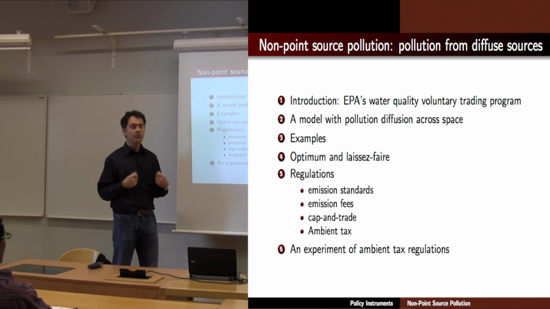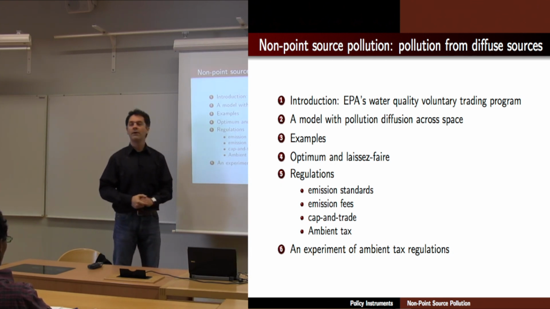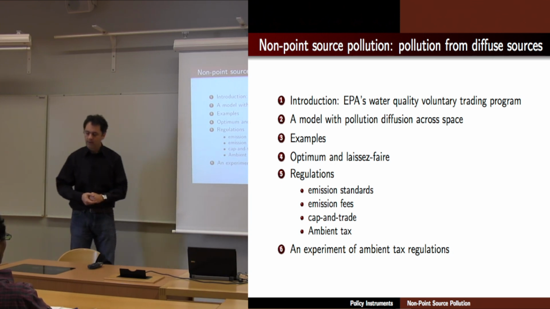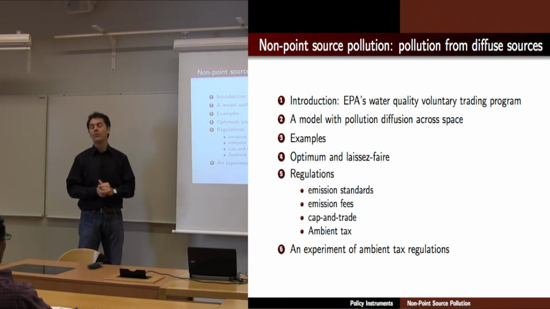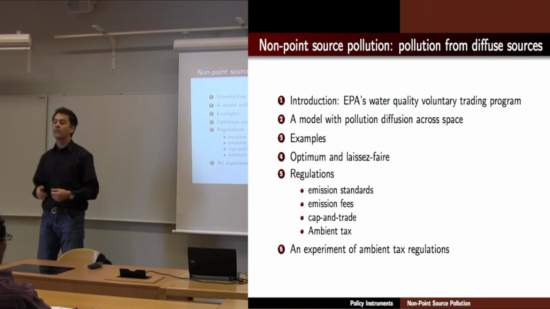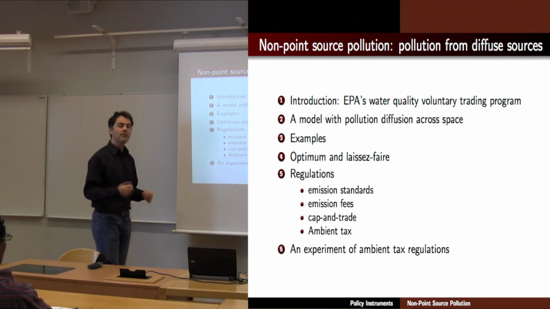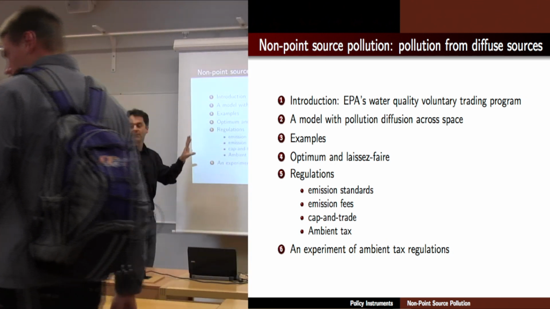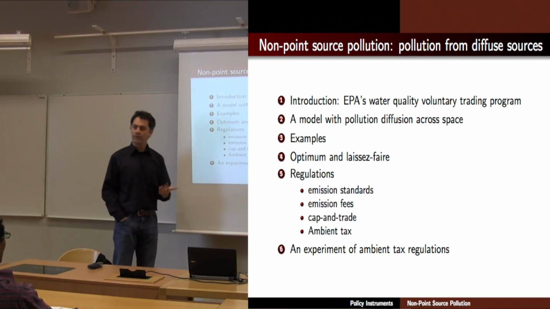It is a program for reducing water pollution from agriculture, and farmers are compensated for their better practices, that is, reduction of their emissions. They are paid for that, but then you have to compute the damage impact of the reduction of emission, and the payment will depend on that, and that should be part of the regulation.